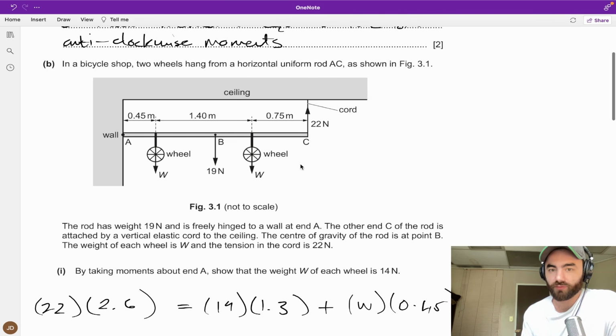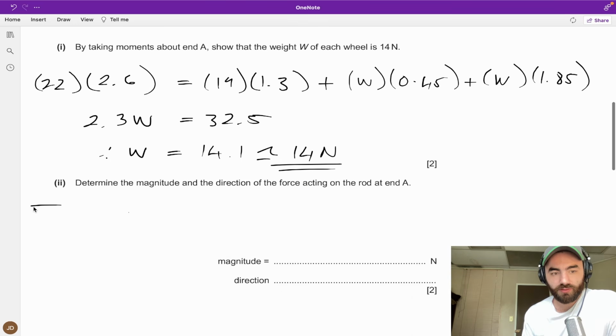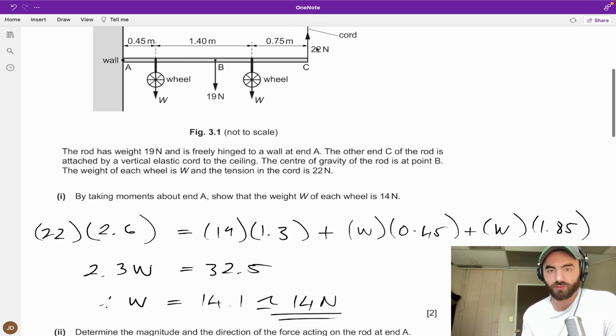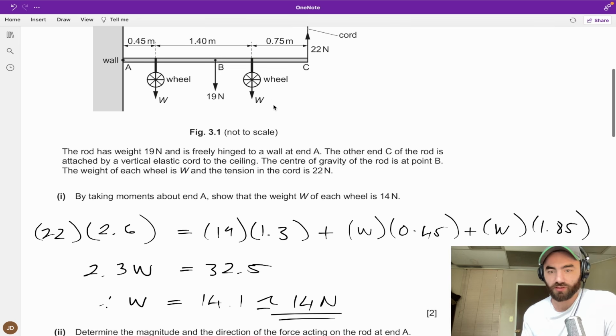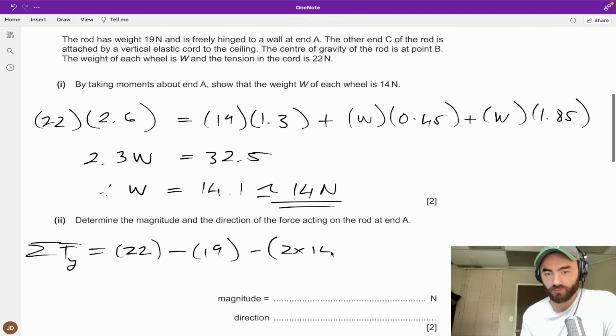Well, as all of the forces are acting in the vertical direction, or the y direction, we can just sum these up and find the magnitude of that force. So the sum of all these forces in the y direction: we have 22 acting up, minus 19 acting down, minus 14 and 14, so 2 times 14, for both the wheels. It'll be 22 minus 19 minus 2 times 14.